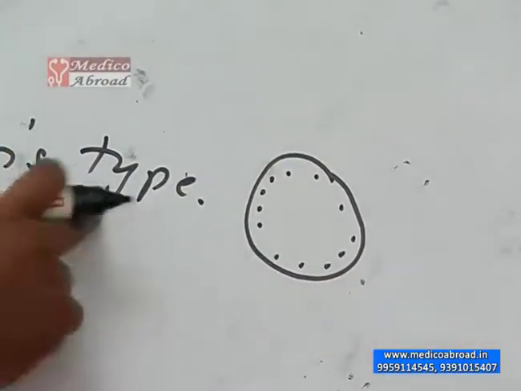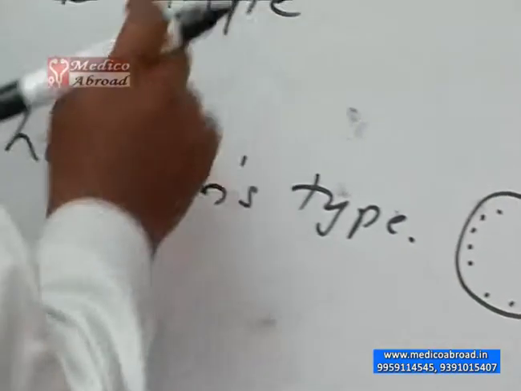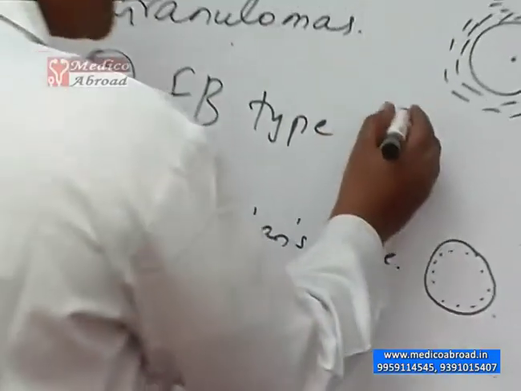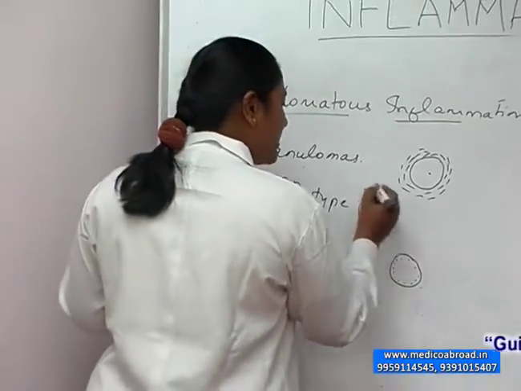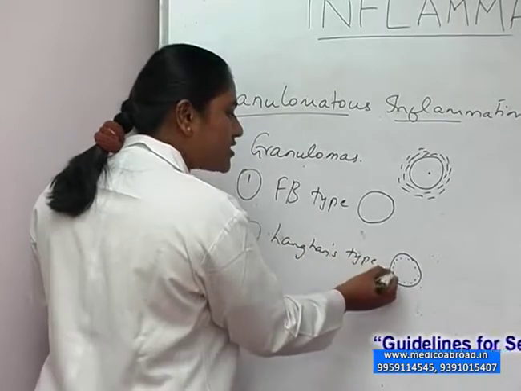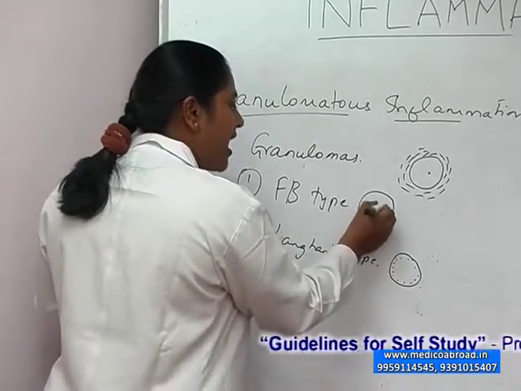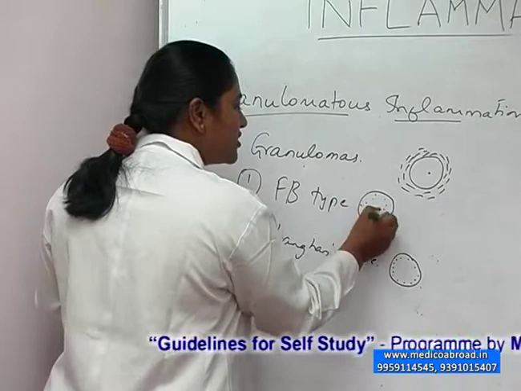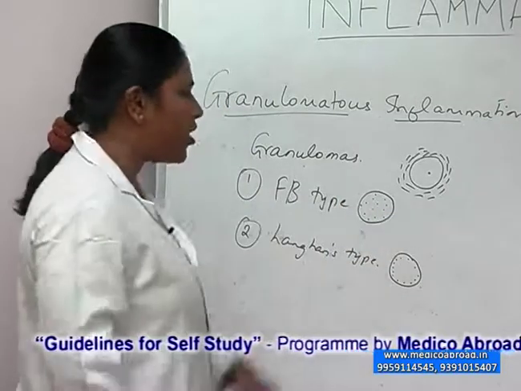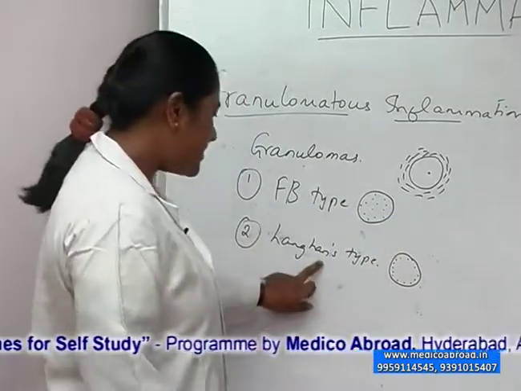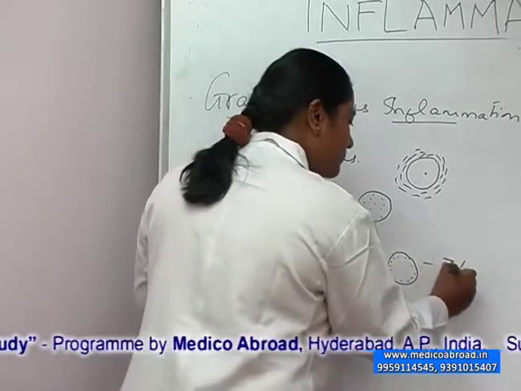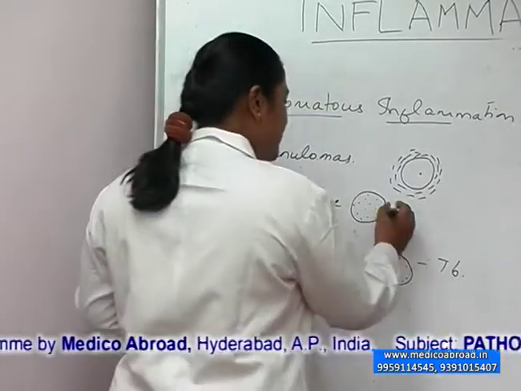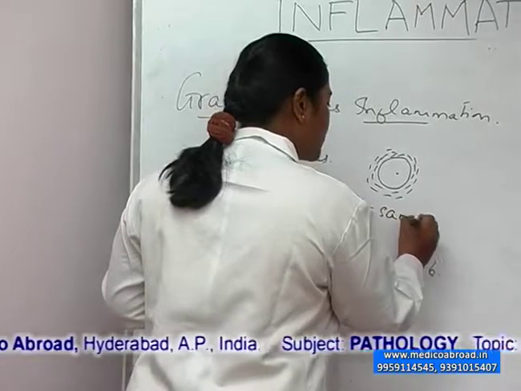This is a Langhans type giant cell. In foreign body type giant cells, the cell is similarly large, but the nuclei, instead of being arranged peripherally, are randomly arranged. This is a foreign body type giant cell. This is seen in TB or tuberculosis. This is seen in sarcoidosis.